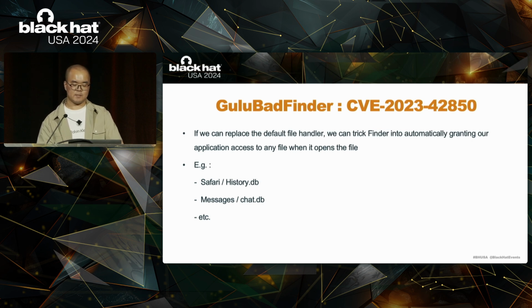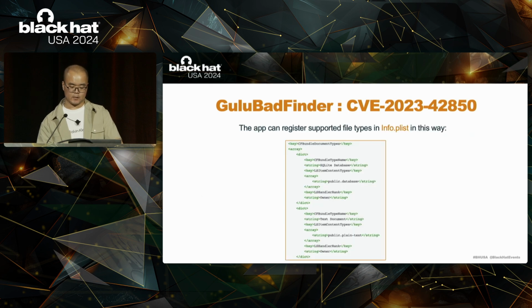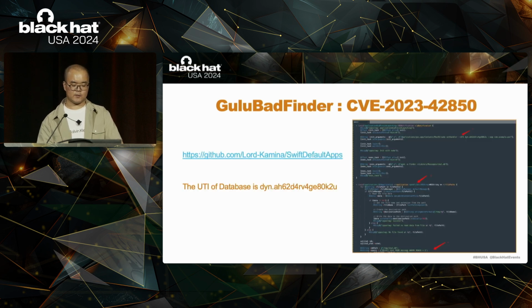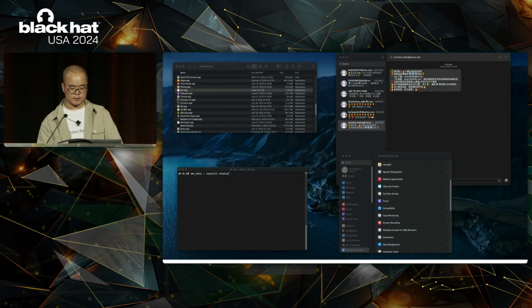We can use this method to access history.db of Safari and chat.db of Messages, except we cannot access tcc.db. The malicious app can register items in this way, and we can use the Swift default apps to change the default file handlers. Here is a demo.